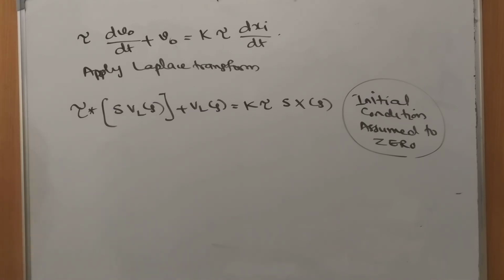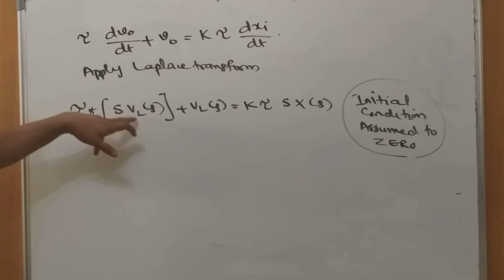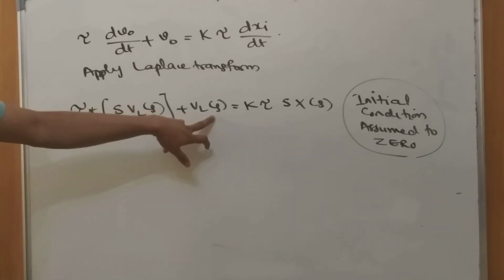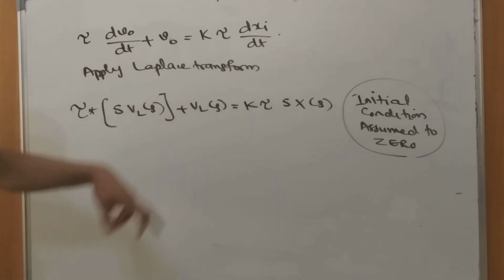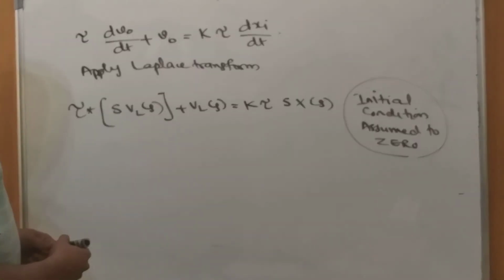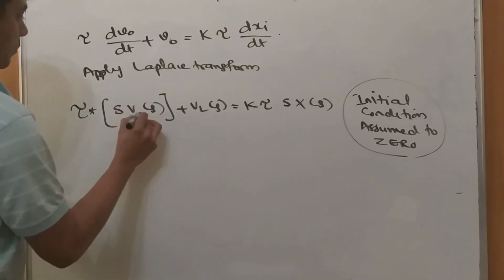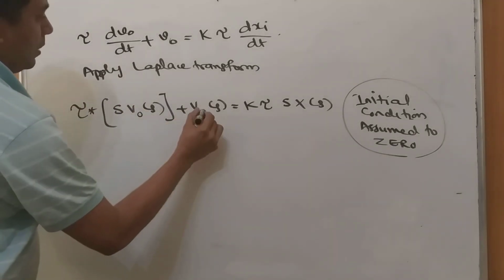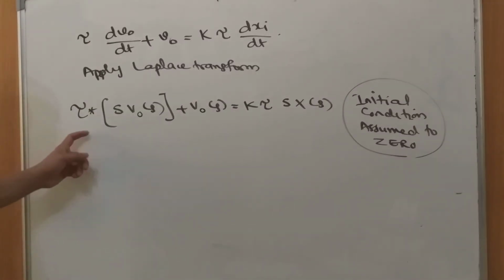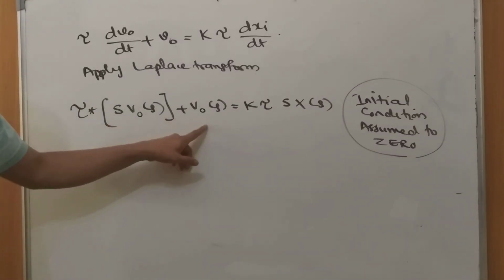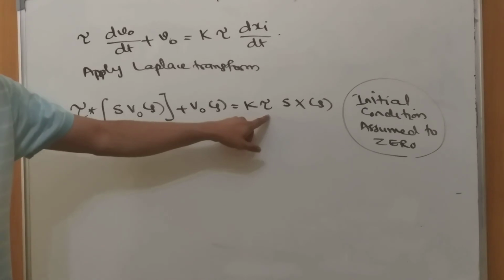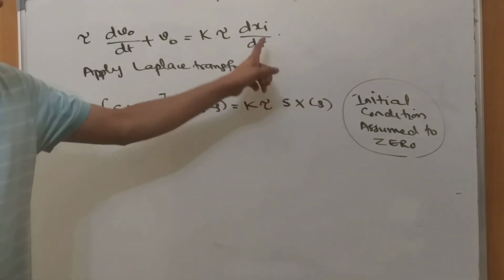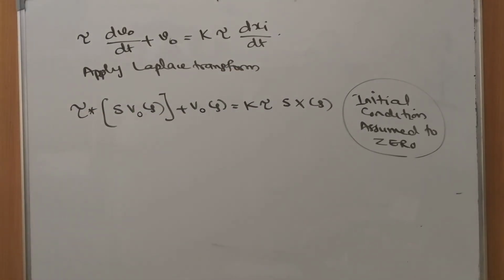If we neglect the initial conditions, or assume they are 0, the equation becomes tau into s V out of s plus V out of s, which is equal to K tau into s into X of s. Here also the initial conditions will cancel.